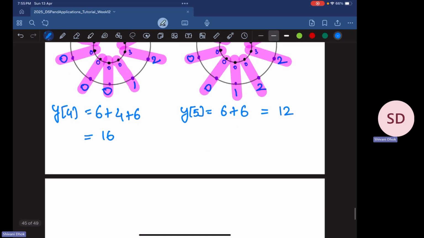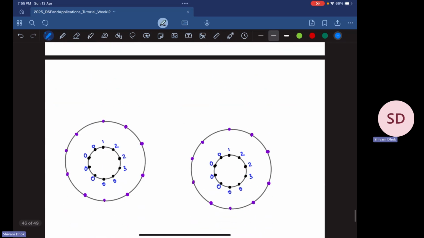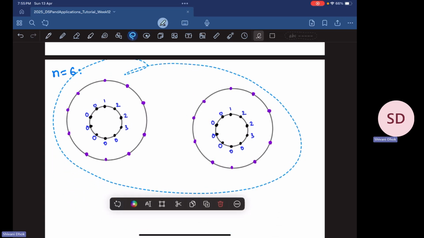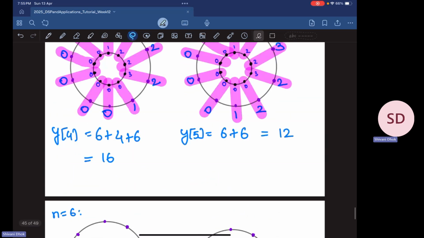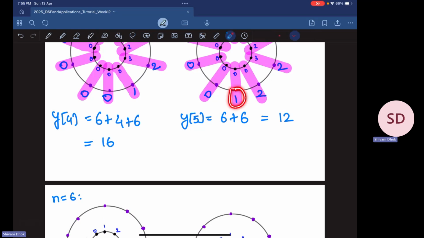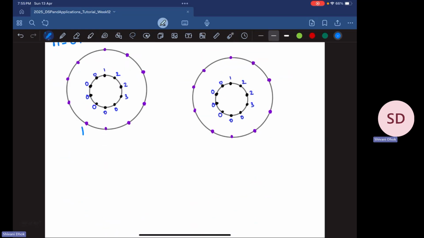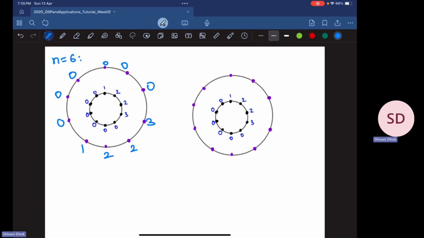Next, we will find out for n equal to 6. Now my 1 was here. We'll shift it by 1 unit here. So what do we get? We have 1, 2, 2, 3, 0, 0, 0, 0, 0, 0.